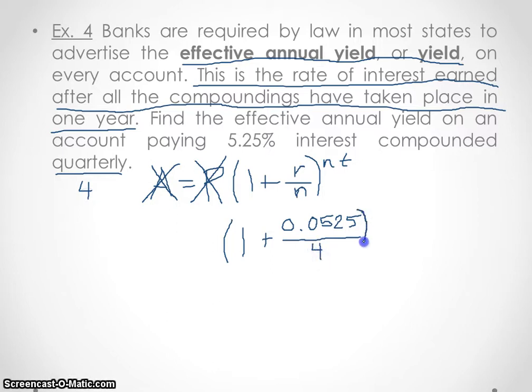And then the exponent is the same 4 as we put down here, times the number of years. If it's an annual yield, that means there's only going to be 1 year that we're allowed to invest it here. So this would be 4 times 1, which is really just 4, so we can leave that as such.